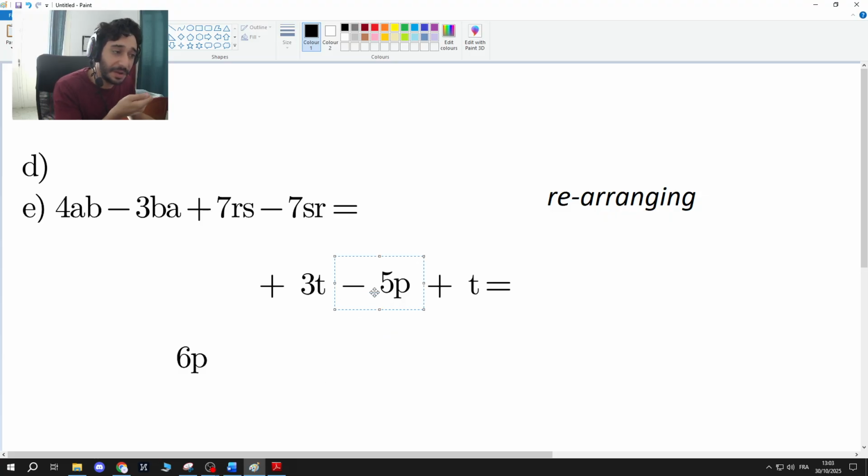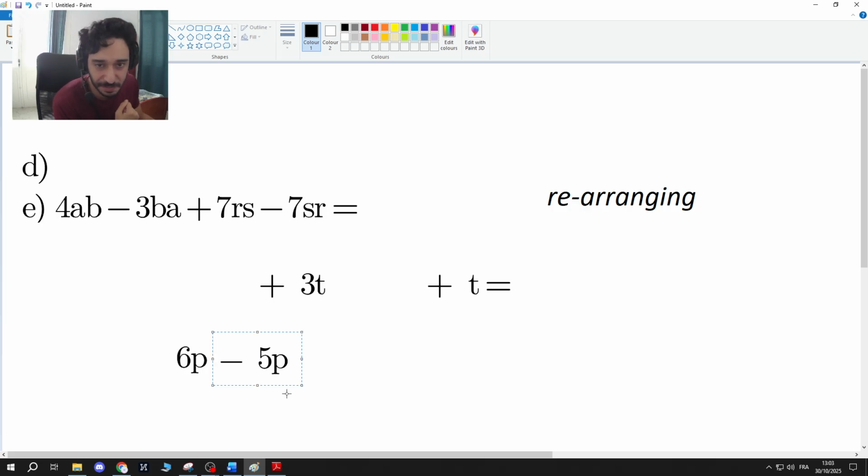So I'm going to carry 5p and the minus, because this is actually not a 5p, it is a negative 5p. And if I place it next to 6p, magically it turns into 6p minus 5p. Am I done carrying all the p's? I am. So now I'm going to carry the t's. Same thing, carry the 3t with its sign, done. And then I'm going to carry positive t with its sign as well.